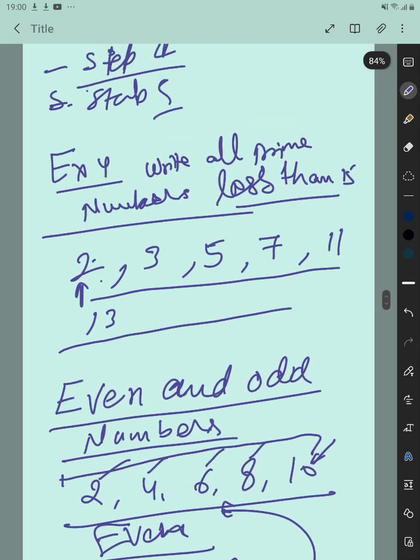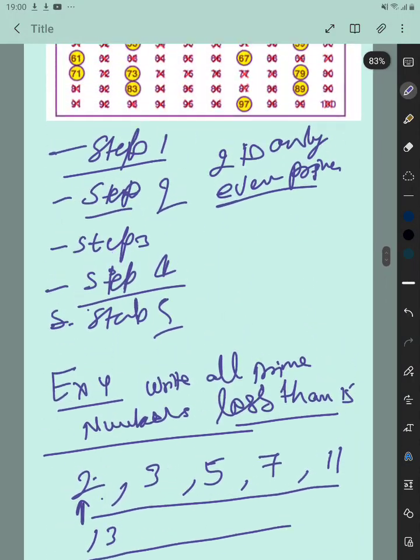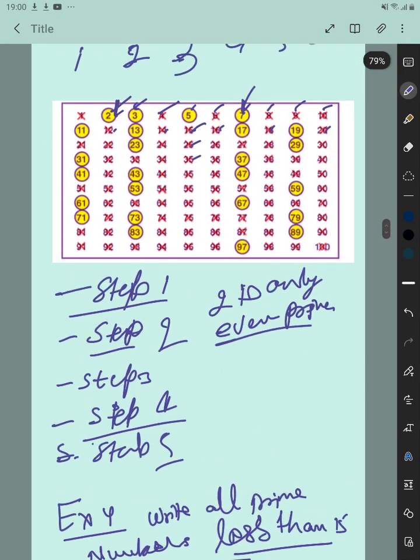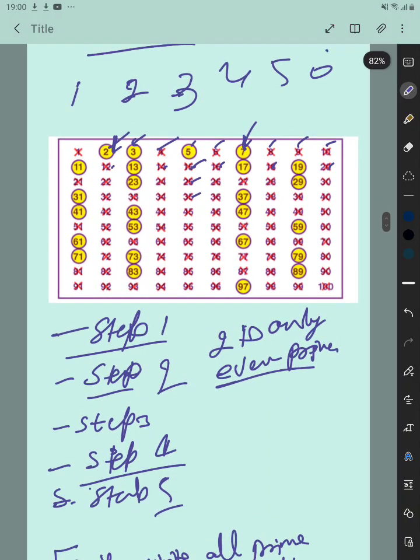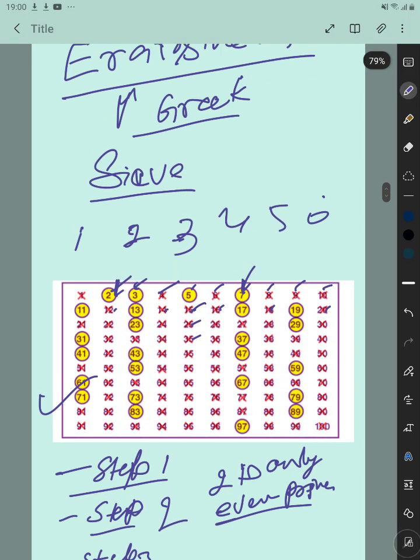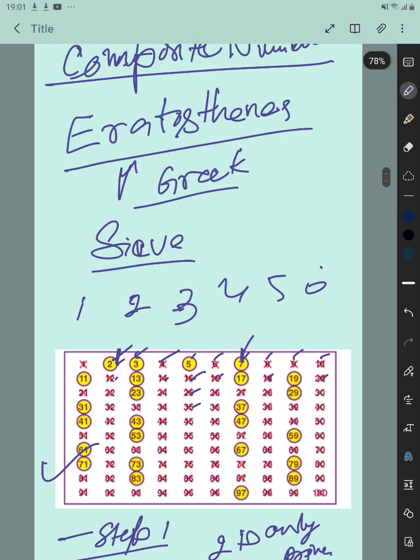This is what we have studied here, and step by step we have also explained how to get this sieve table of the Greek mathematician, and how to make it.